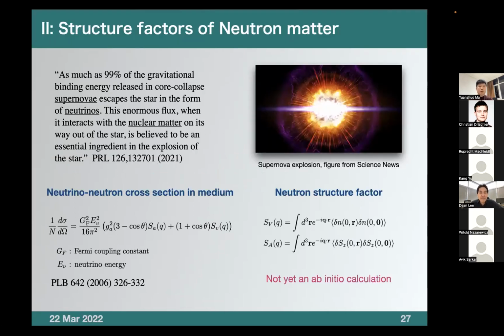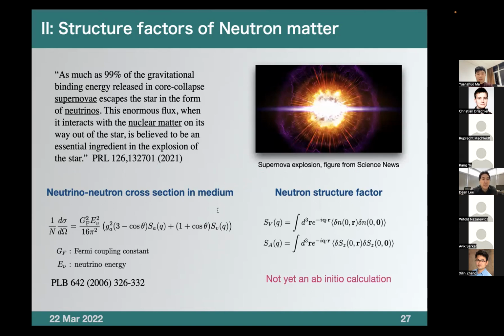More precisely, what we are interested in is the structure factors of neutron matter at a finite temperature, which will determine the neutrino-neutron cross section in the supernova explosion. That is also one of the key pieces of information to understand this astrophysical process, so an initial calculation may attract a lot of interest.